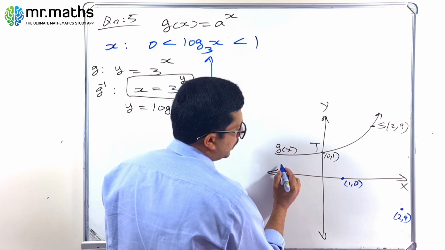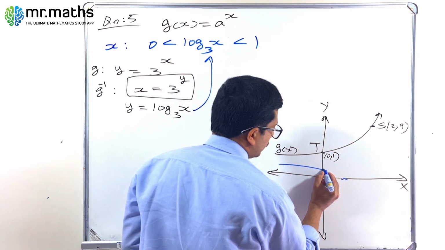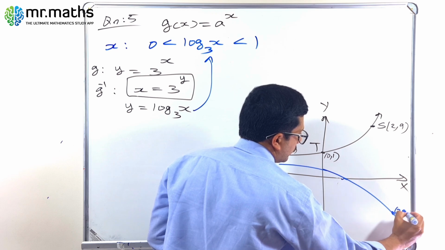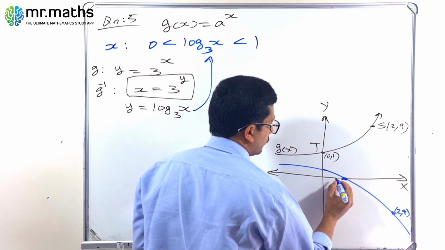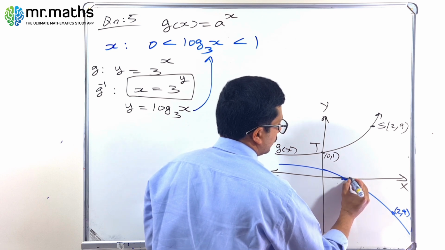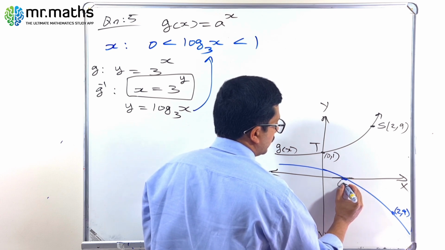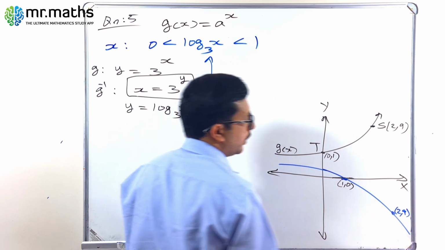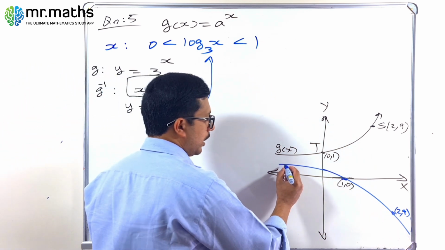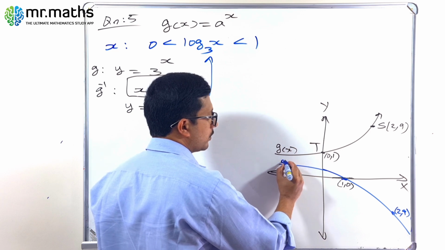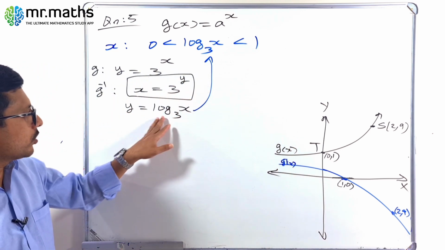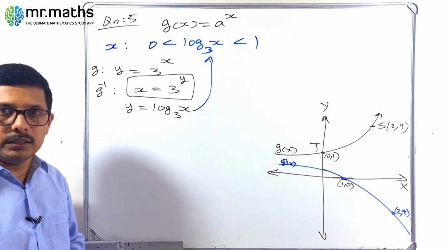Now the inverse graph is going to come like this. This is 1 comma 0 and that one is 9 comma 2. So this is the inverse graph, g inverse of x, and we know that g inverse of x is log x to the base 3.